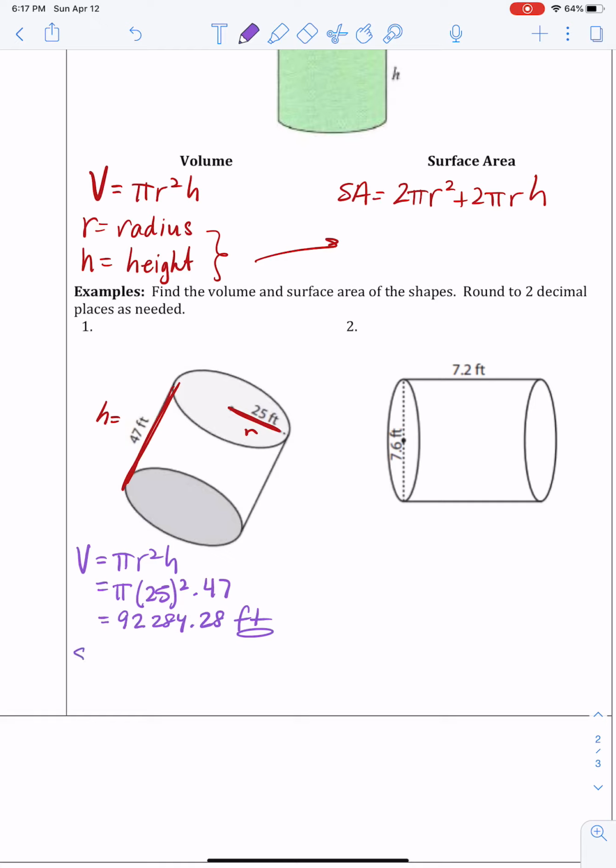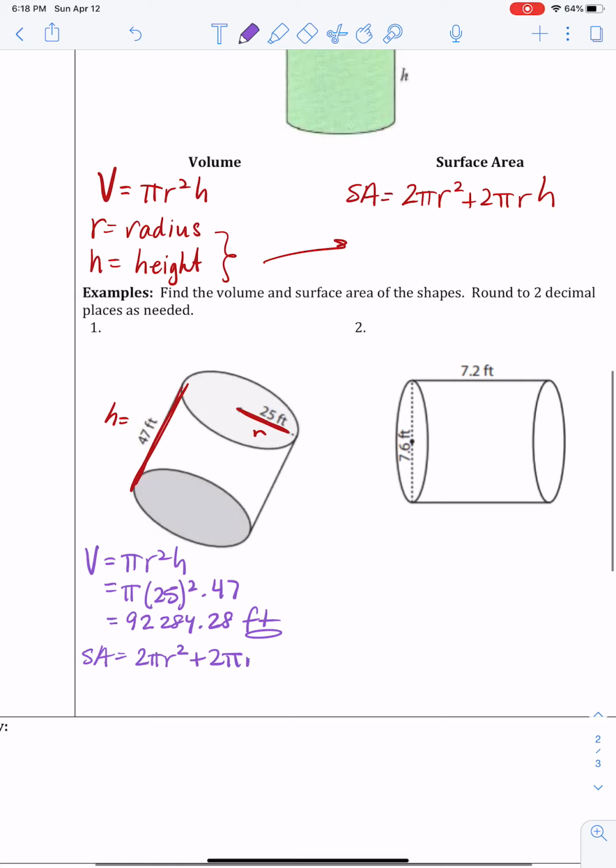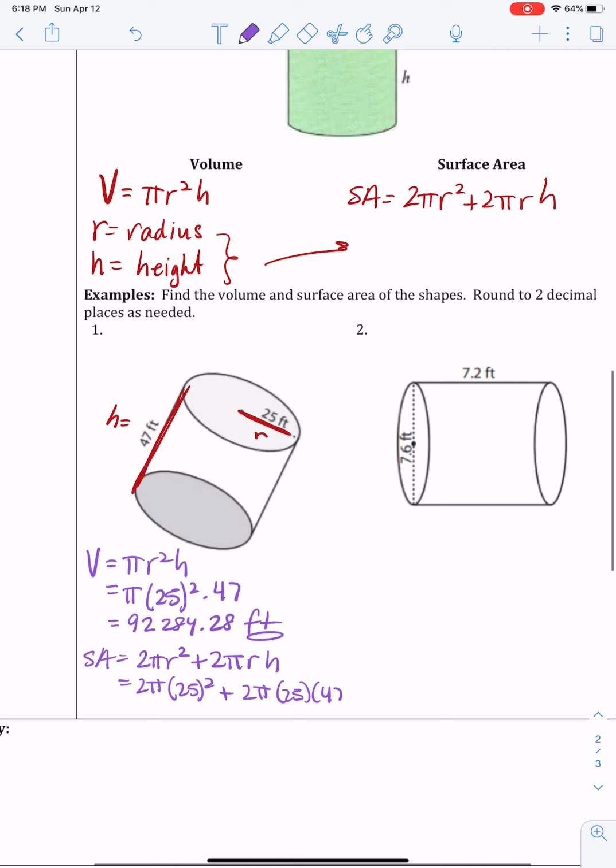For surface area for that same shape, I'm just going to plug it in. That's 2 pi r squared plus 2 pi r h, 2 pi 25 squared plus 2 pi times 25 times 47, and that equals 11,309.73 feet squared. Again, that's area, so that's squared.